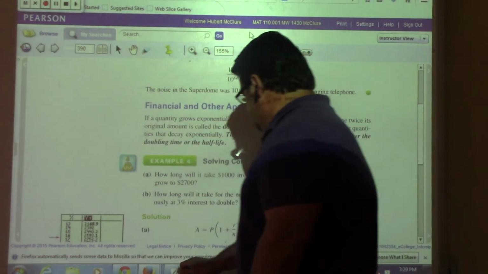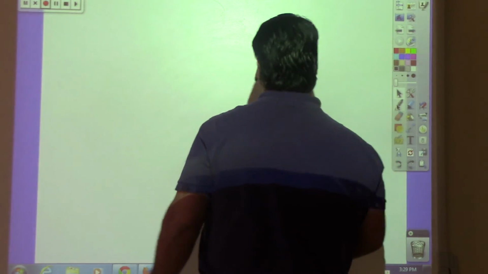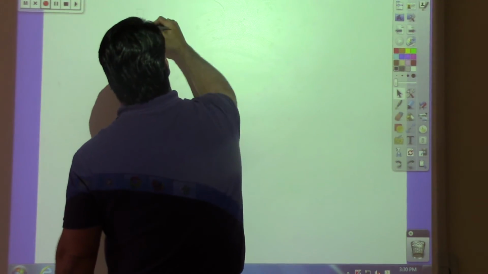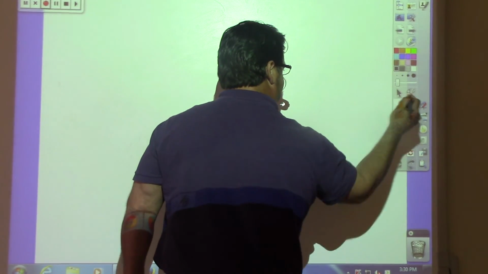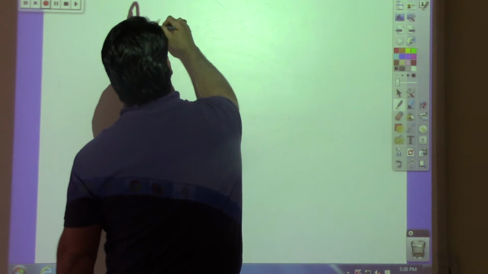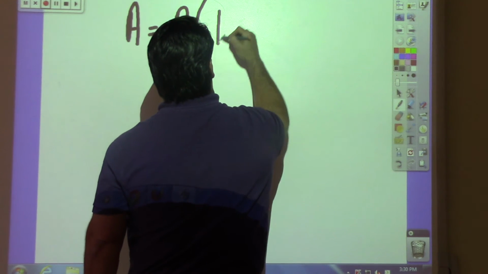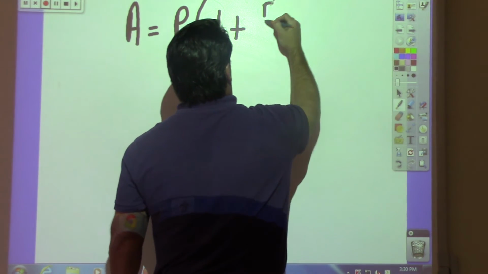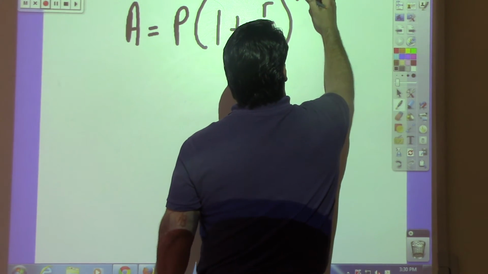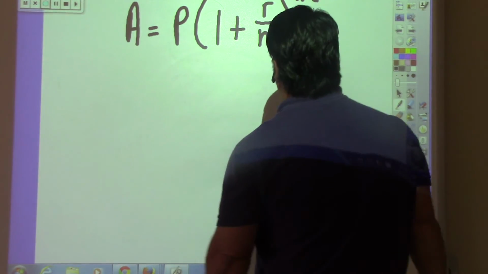A is equal to P times 1 plus R over N raised to the NT power.